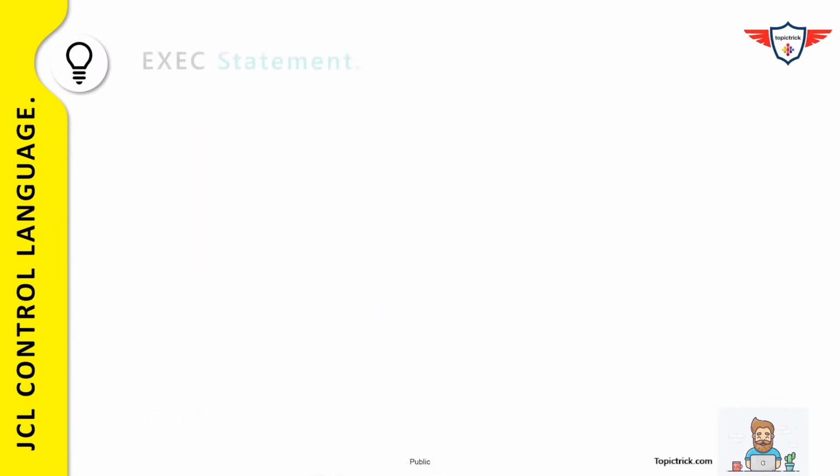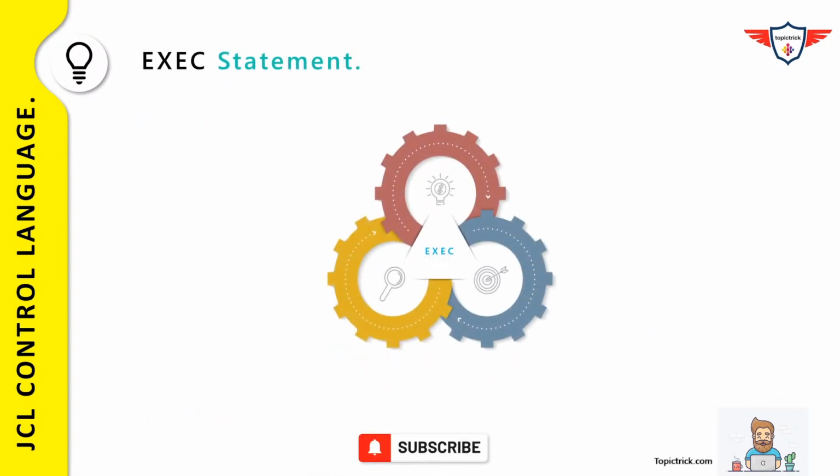Now let's focus on the execute control statement, or EXEC statement. As you know, the EXEC statement marks the beginning of a step within a job. I hope you remember that the JOB control statement marks the beginning of a job, and the EXEC statement marks the beginning of a step within that particular job.